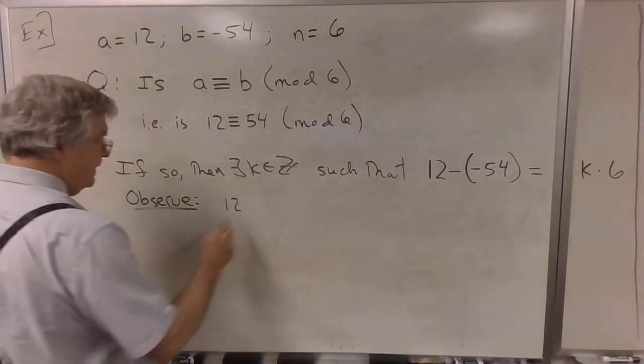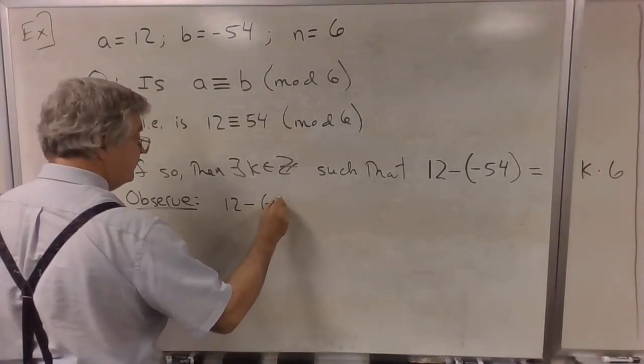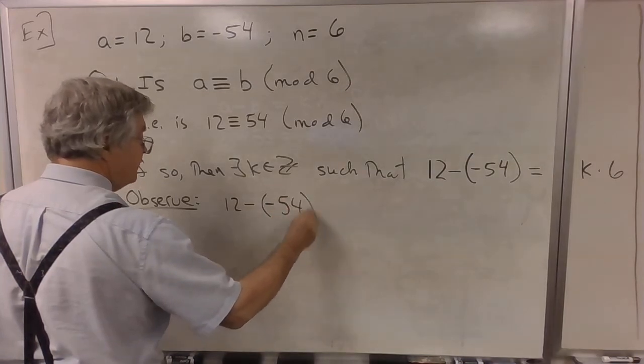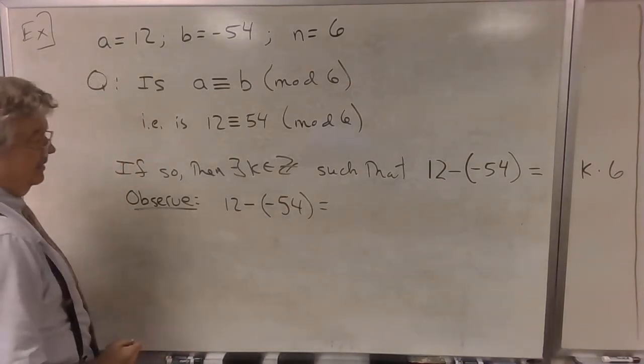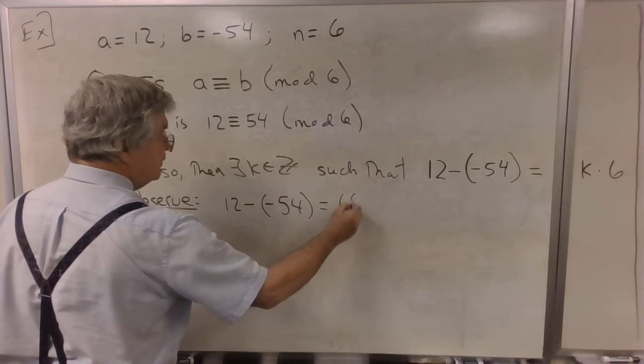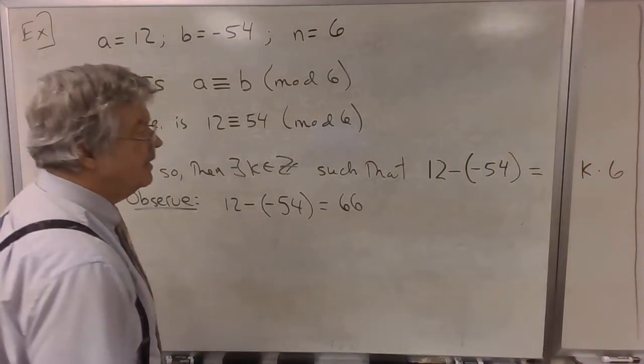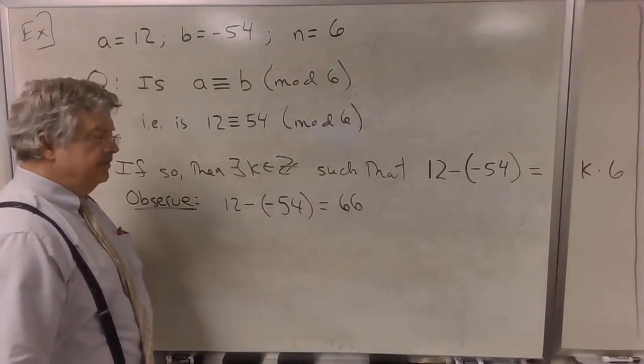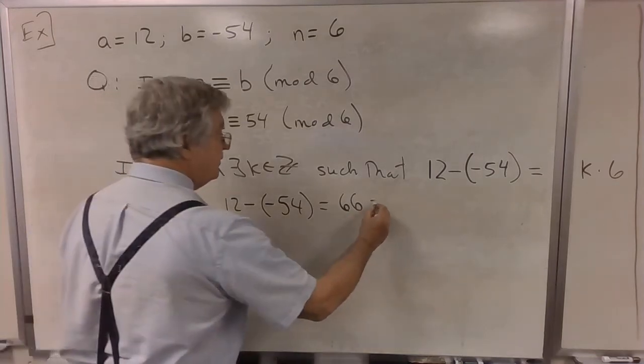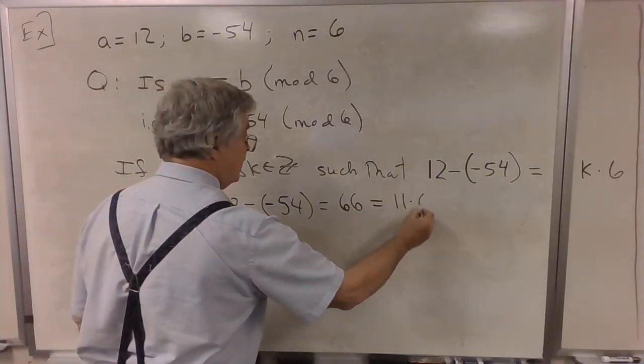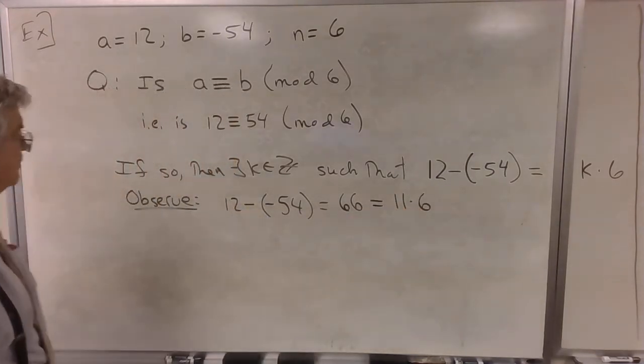Okay. 12 minus negative 54 is positive 66. And is that some integer times 6? It sure is. It's 11 times 6.